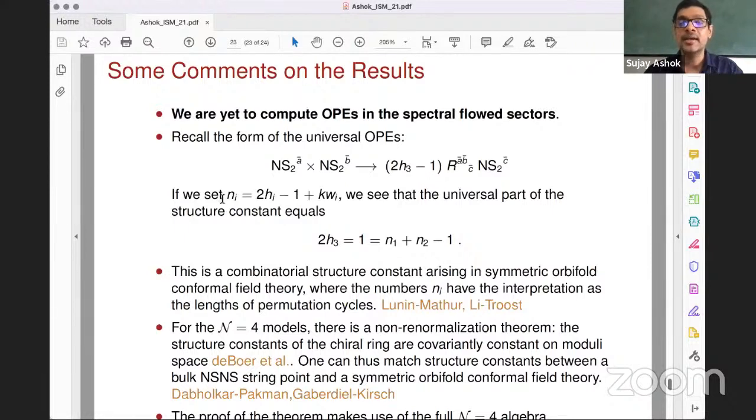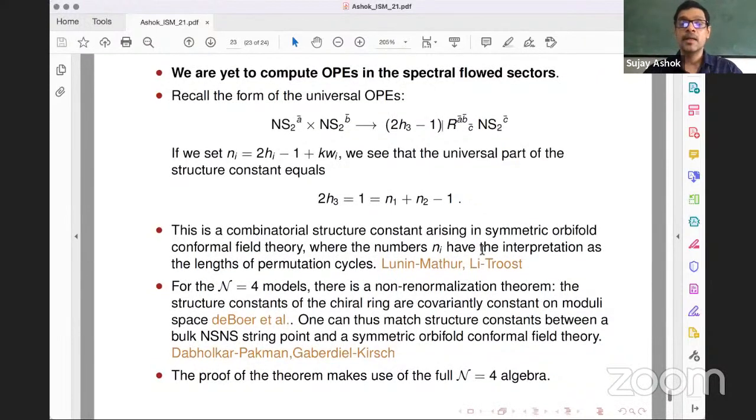Then what we can check is that this coefficient 2h3 minus 1 in terms of this n becomes n1 plus n2 minus 1. And this is the same combinatorial structure constant that arises in the study of symmetric orbifold CFTs by Lunin and Mathur, where these n_i have the interpretation as the lengths of permutation cycles in the symmetric orbifold conformal field theory.